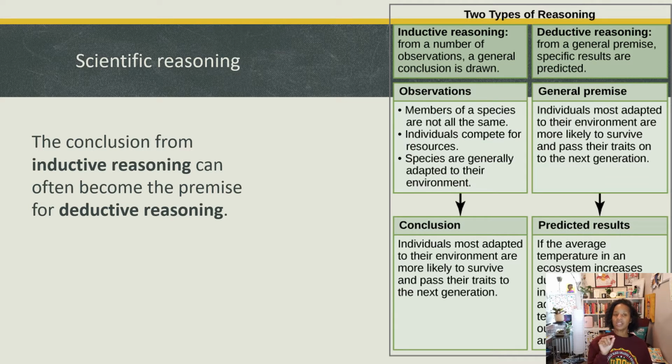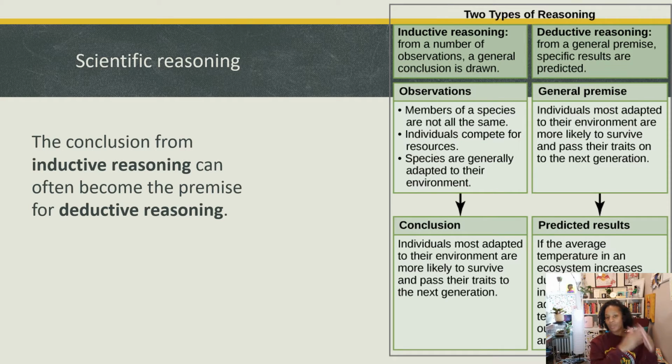But we can take it a step further, and we can take this conclusion that individuals most adapted to their environment are more likely to survive, and we can use that as the general principle for our deductive reasoning. So there we start with that, and then we can predict the results that if the average temperature in an ecosystem increases due to climate change, individuals better adapted to warmer temperatures will outcompete those that are not.